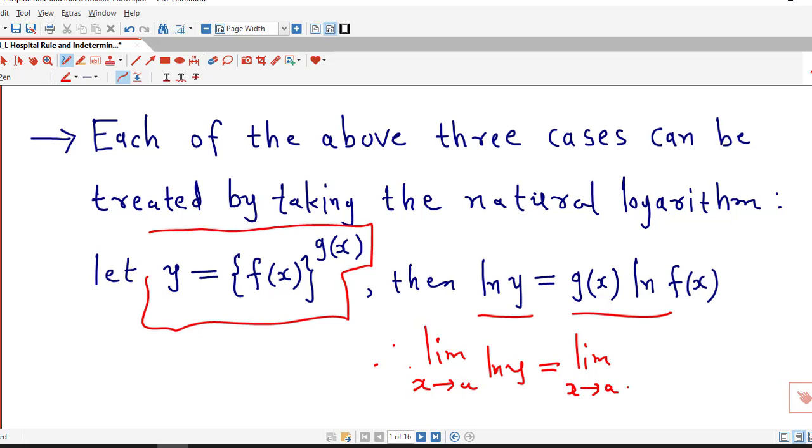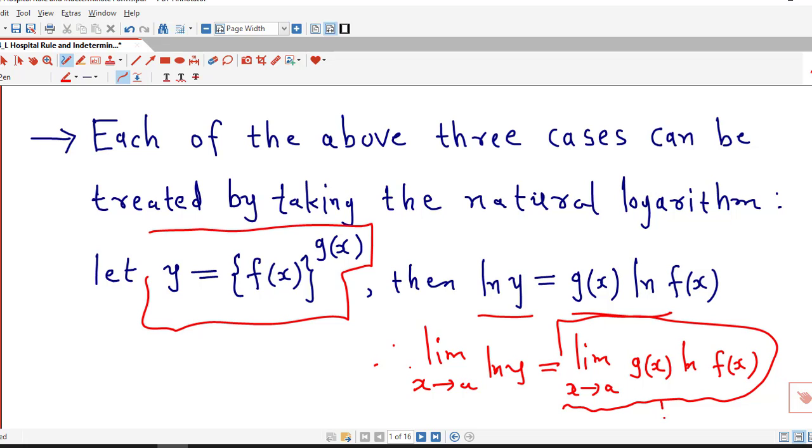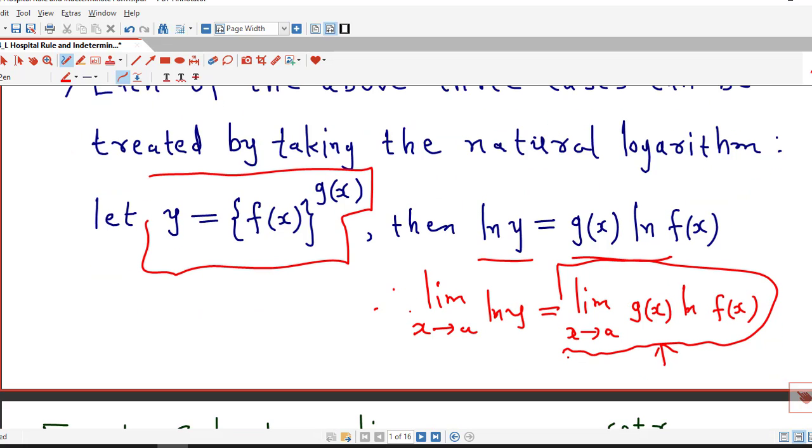So we have limit of log y as x approaches a equal to limit of g(x) into log f(x) as x approaches a. This right hand side will be an indeterminate form of the types we discussed in previous lectures, so we can evaluate this limit using the methods of the previous 3 lectures, and after evaluating it we can find out the required limit. We will understand this with the help of examples.